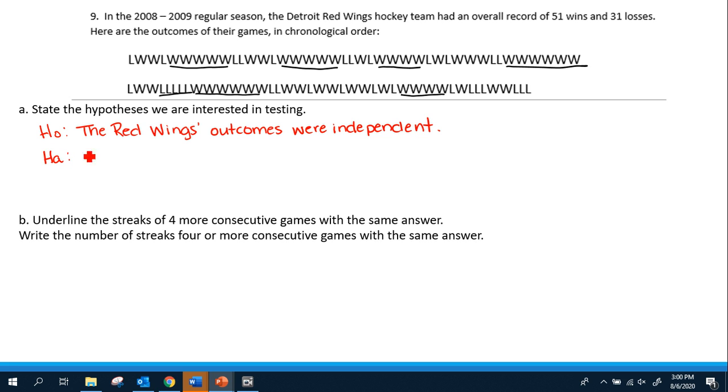And our HA would be the Red Wings are a streaky team.